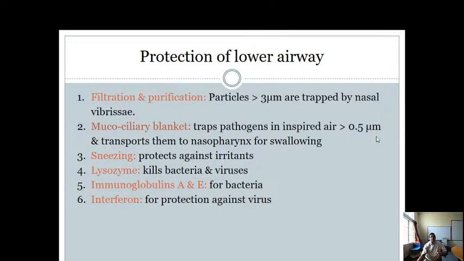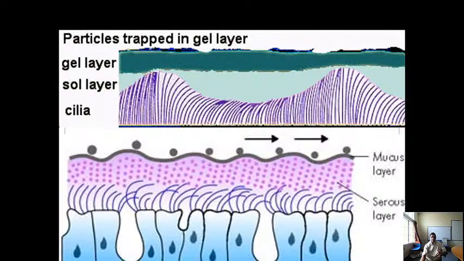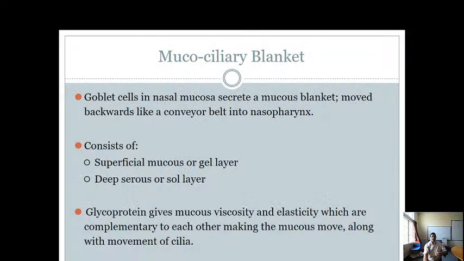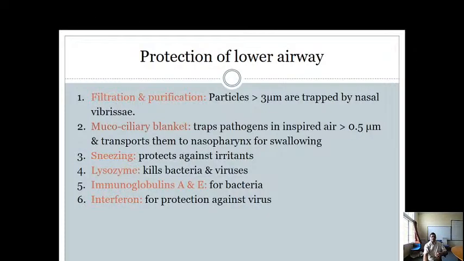Then the smaller particles, which are 0.5 microns, as they are traveling, are usually trapped by the mucus. These are the particles which get adherent to the mucus layer of the nasal cavity, and we'll go to the function of the cilia.